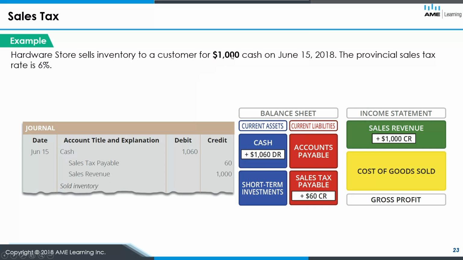We get revenue of 1,000, but the 60, we'll take their cash, and then we will increase this sales tax payable liability to reflect the fact that we now have the customer's cash, but we owe that to the government, and then we will remit those sales taxes at some regular interval, either quarterly or annually, to the appropriate taxing authority.